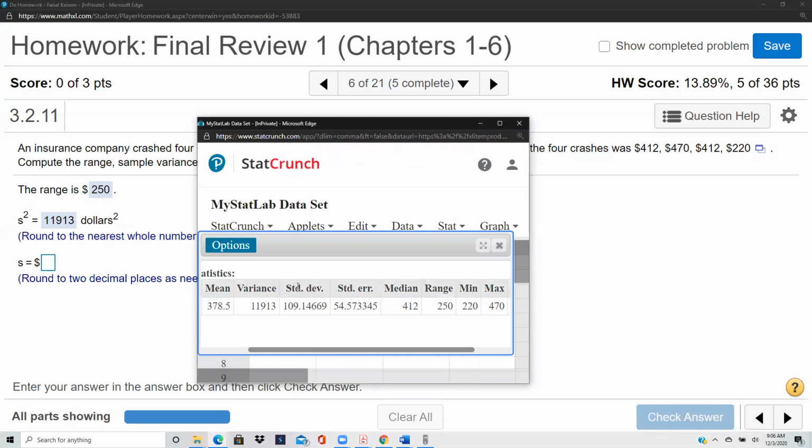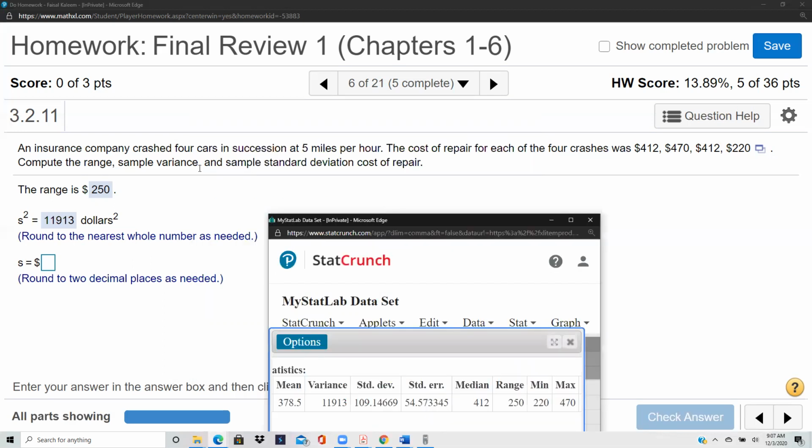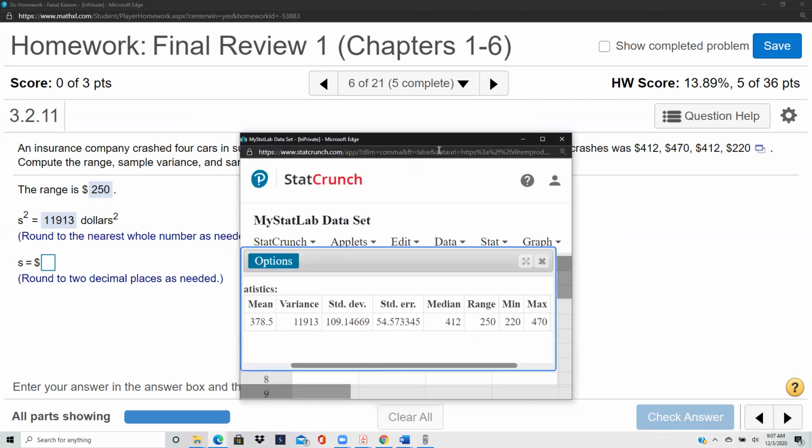So are we sure that this variance and this standard deviation are the sample variance and sample standard deviation, which is what they want here? They say sample, sample, sample. When you select them, the sample is just variance and standard deviation.